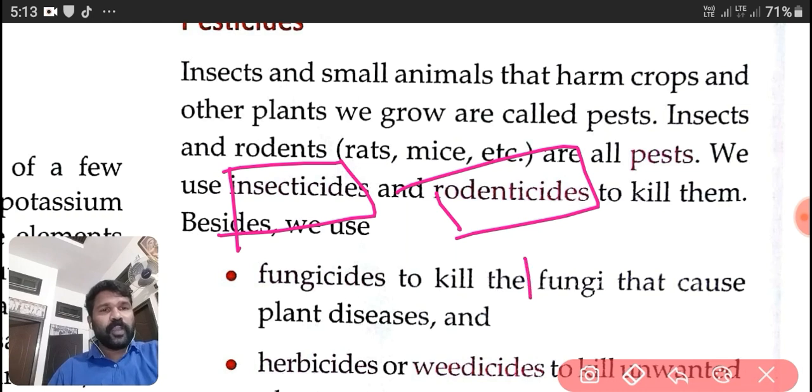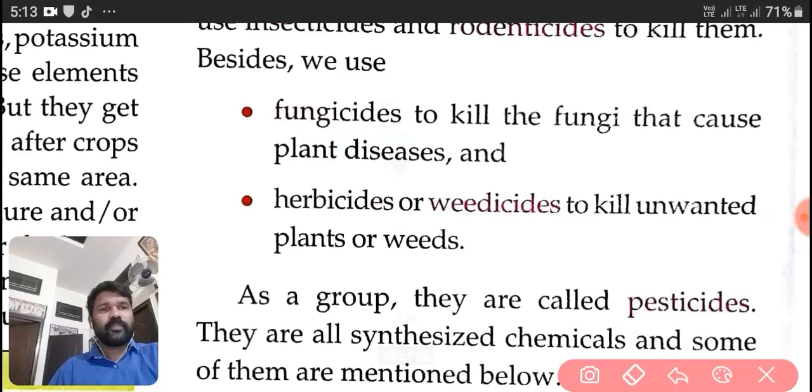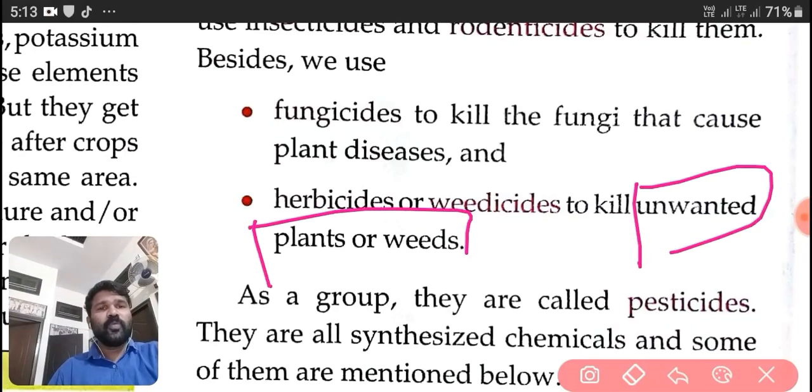To kill fungi, what are we using? We are using fungicide. To kill unwanted plants and weeds, what are we using? Herbicides and weedicides.